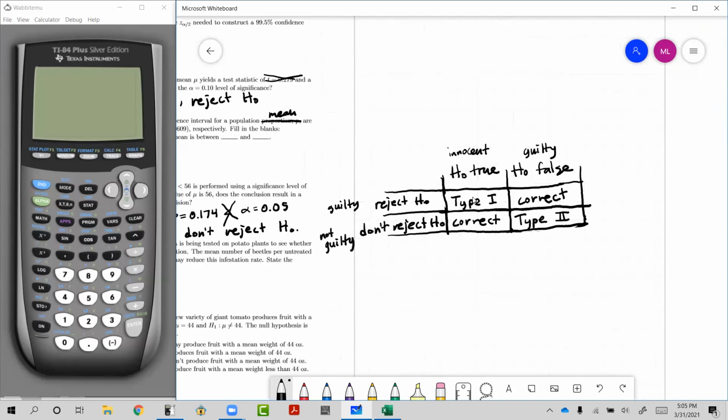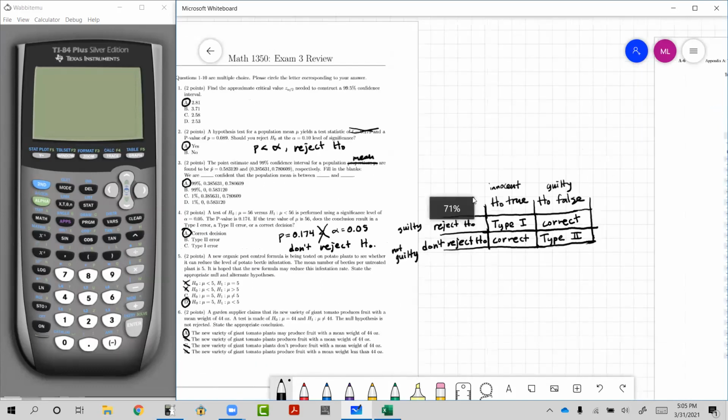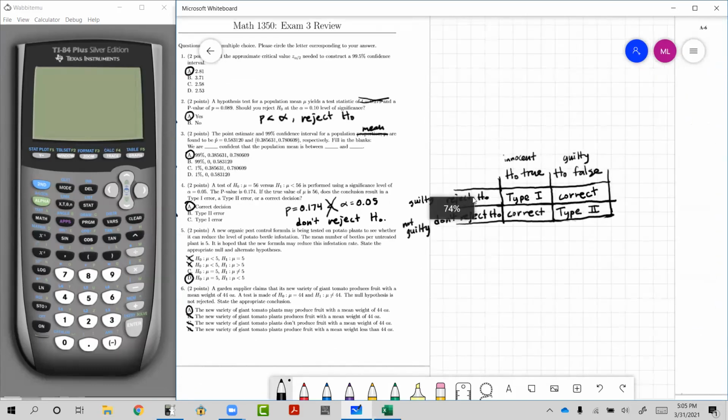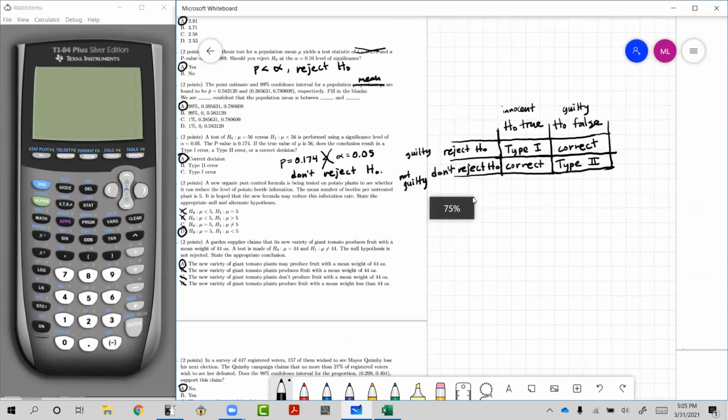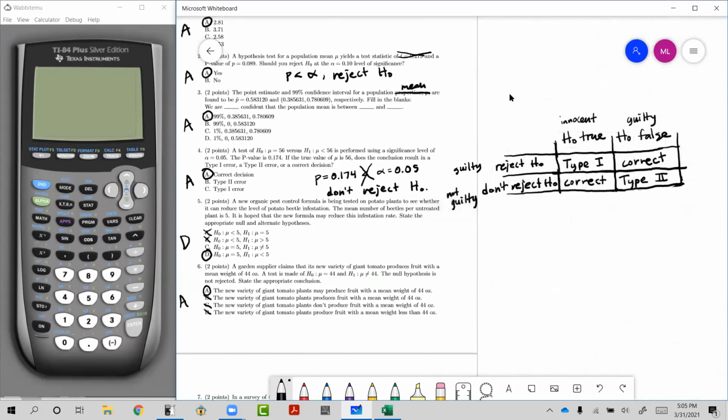Sorry, let me zoom in so we can see them all at once here. Good enough. In this case, the second we knew that the true value of mu was 56, which matched the assumption up here, we found out that our null hypothesis was indeed true.